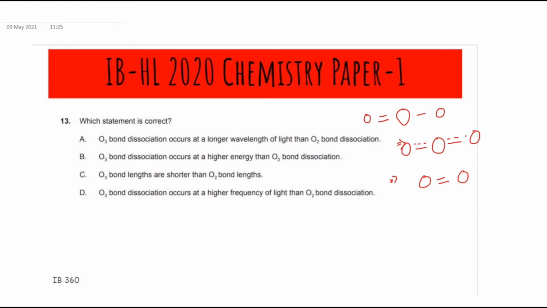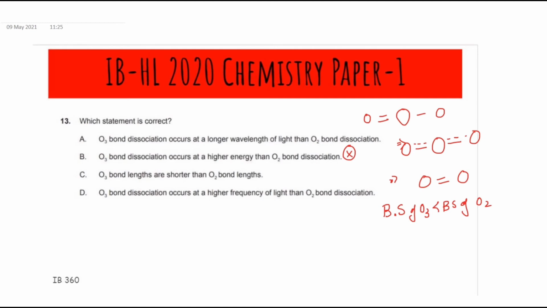So bond strength, or I would just write BS, of O3 is less than that of O2. As the bond strength of O3 is less than that of O2, we would require less energy for bond dissociation of O3 as compared to O2. But option 2 says bond dissociation occurs at higher energy than O2 bond dissociation. So this is wrong.